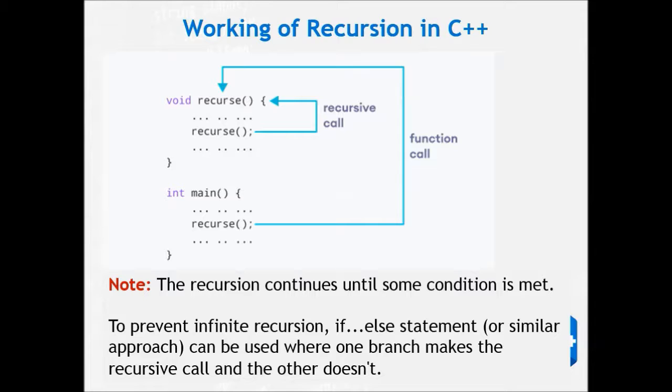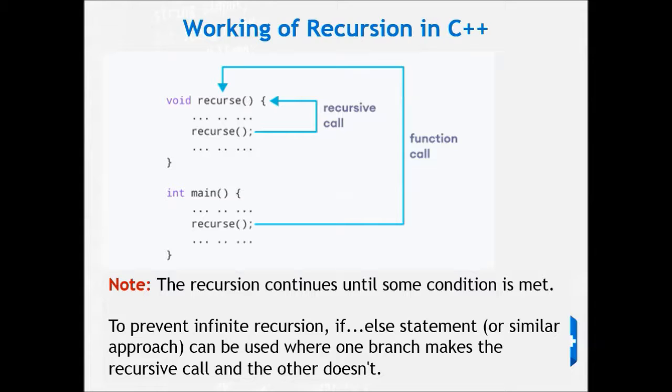Working of recursion in C++. In this diagram we see that we have a function with the name recurse with zero arguments and no return type, and in the body of this function we call the function itself.